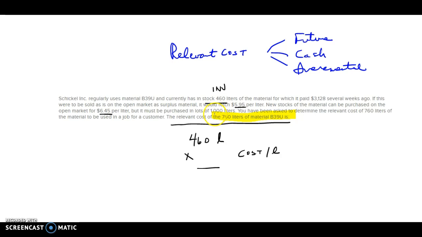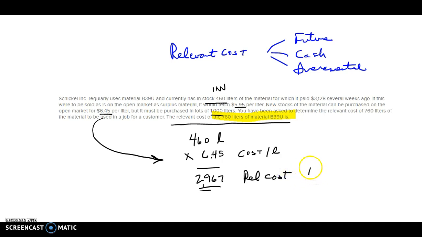Despite the fact that it's purchased in lots of 1,000 liters, we'd use the $6.45 because this is our situation. We're using it on a project, so $6.45 would be our cost per unit, and that means our 460 liters times $6.45 would be $29.67 would be our relevant cost of materials.